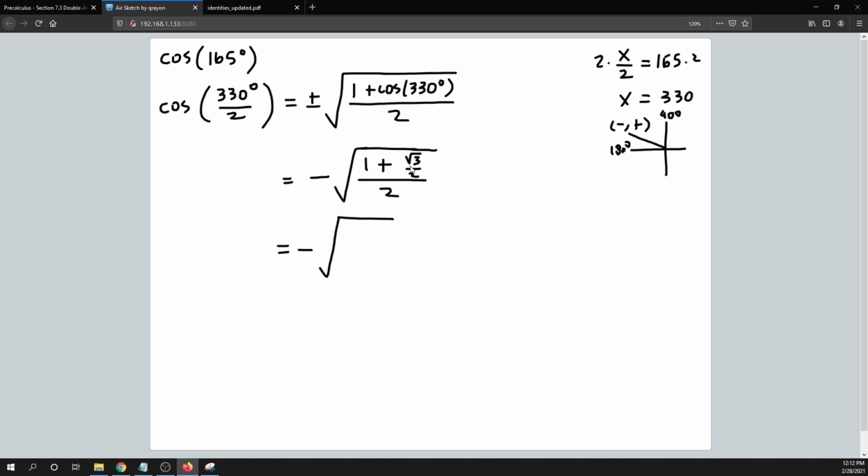That's a fraction that has fractions in the numerator and denominator. To get rid of that, we're going to combine these two numbers. I need a common denominator for those two, and of course that's going to be a 2.